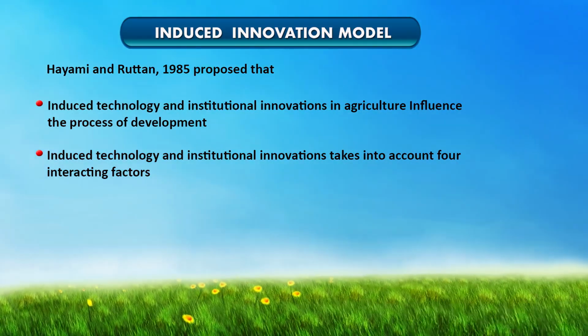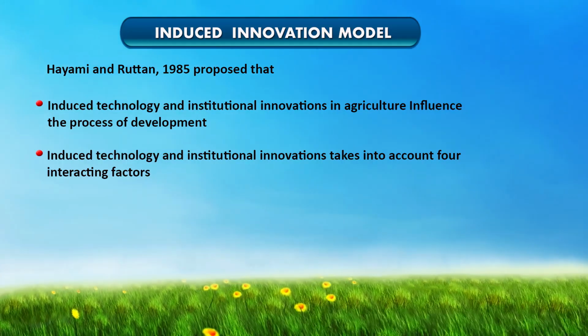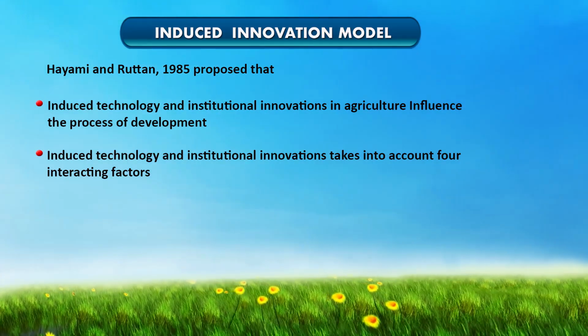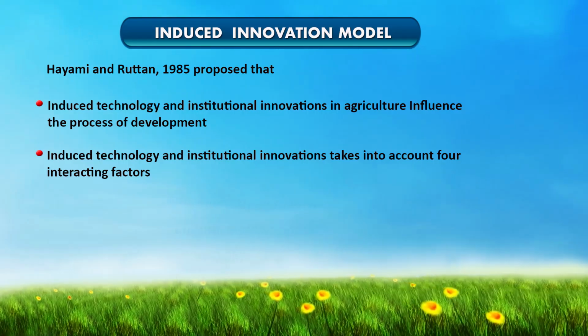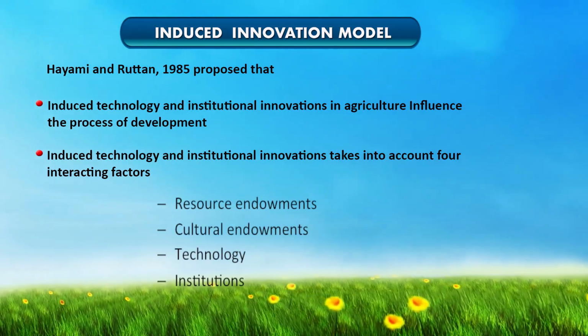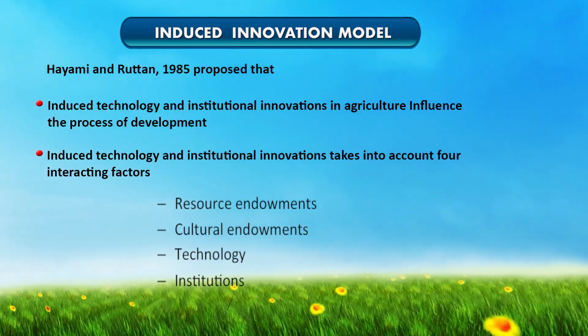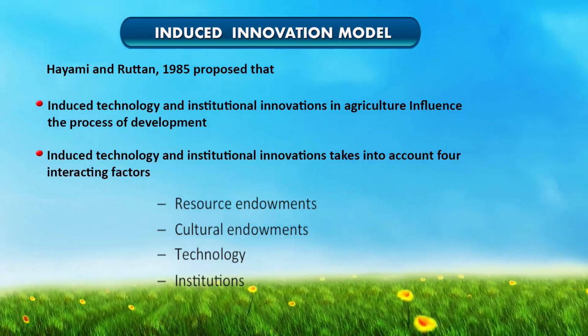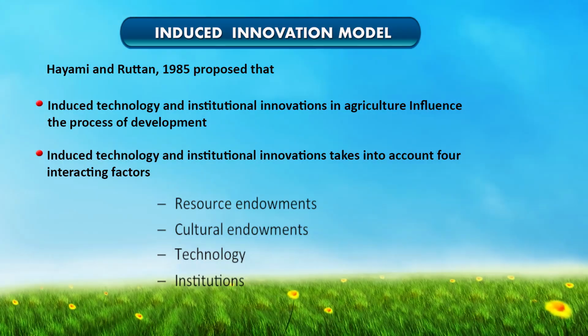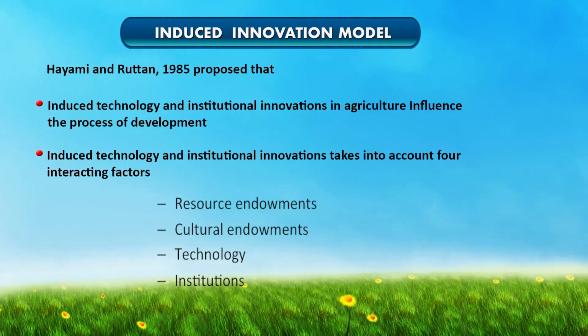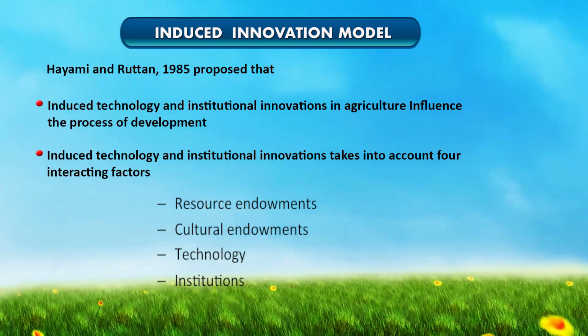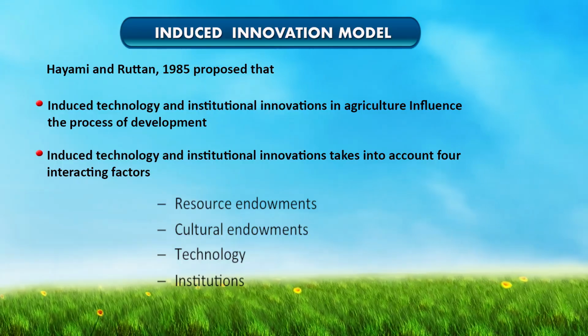And this technology and institutional innovation takes into account four interactive factors: resource endowment, cultural endowment, technology and institution. So these are the important factors: how many resources we have, what is the culture of doing activities or behaving in the activity, what different technologies are available, and what different institutions are available.